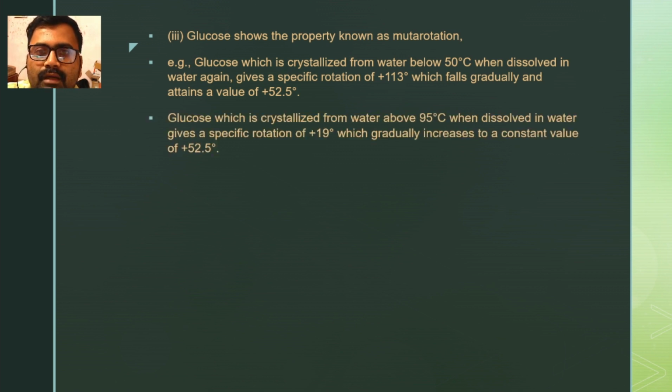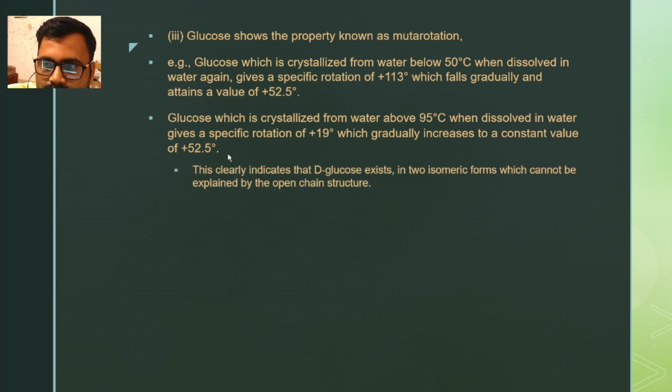Similarly, when we crystallize the glucose from water above 95 degrees Celsius, and again these crystals are dissolved in water, and when you record the specific rotation, the specific rotation obtained is plus 90 degrees, which on standing gradually increases to a constant value of plus 52.5 degrees.